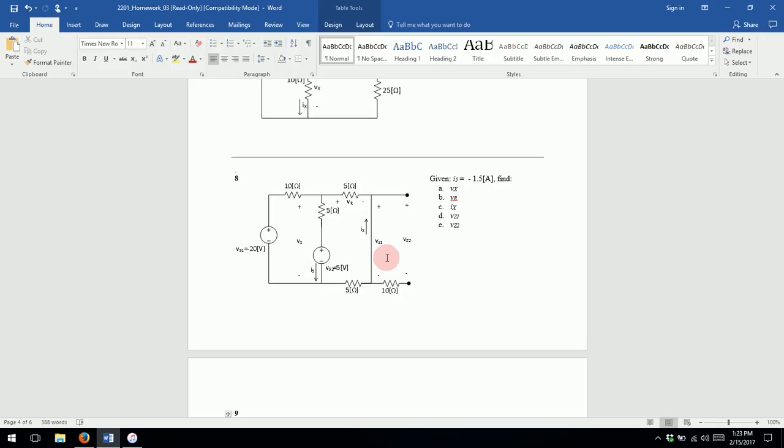Any questions? Oh, yes. I just had a general question about Ohm's law. Is Ohm's law not based on sign conventions at all? It is based on sign convention. Ohm's law is good for passive sign convention. So if this is R, this is IR, and VR is equal to R times IR.